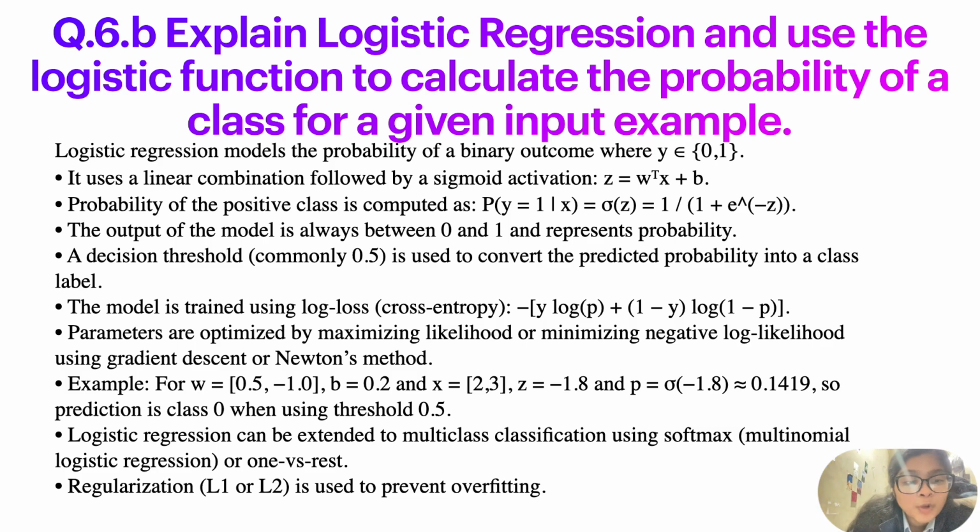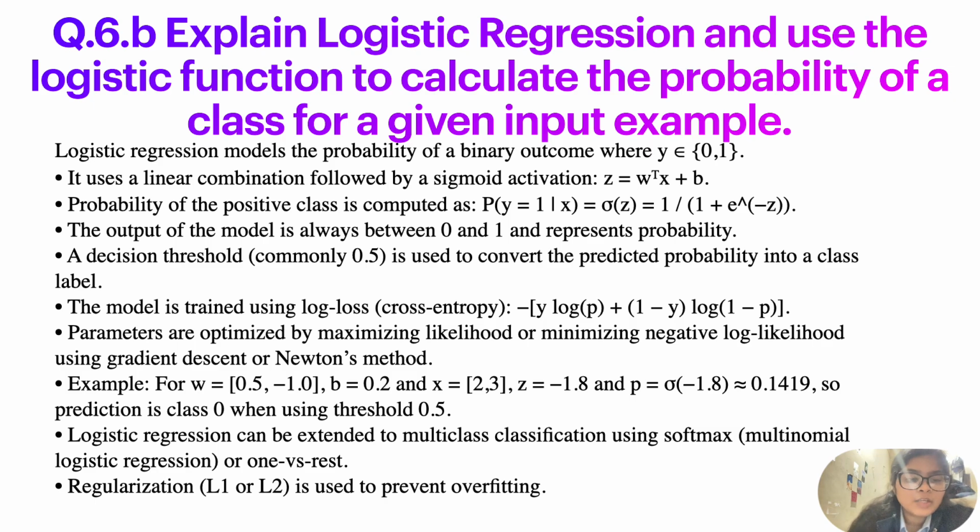The probability of the positive class is computed this way. The output of the model is always between 0 and 1, which represents the probability of whether the event is going to happen or not.